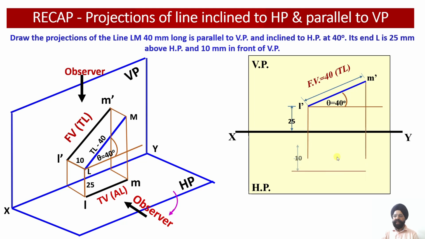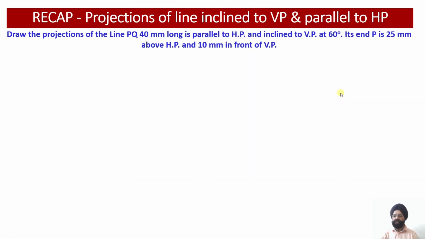Here you can see we have a line which is inclined to HP and parallel to the vertical plane, and since the line is parallel to the vertical plane, the true length will be available in the front view on the vertical plane. So whenever the line is parallel to the vertical plane, on the vertical plane we are going to get the true length of the straight line.